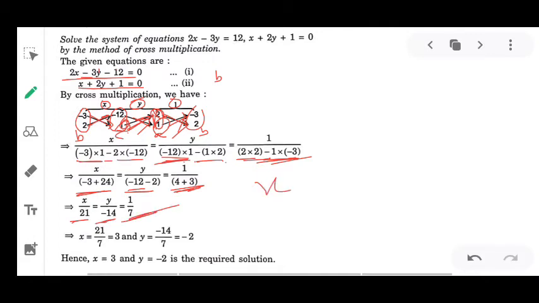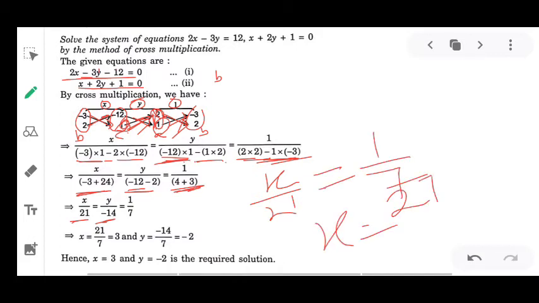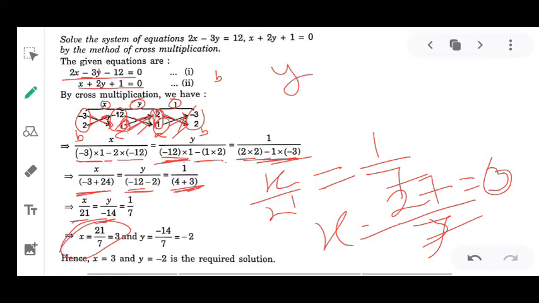Now x by 21 equal to 1 by 7. So x will be 21 by 7, which is 3. So the value of x is 3. Now the value of y: y by minus 14 equal to 1 by 7.